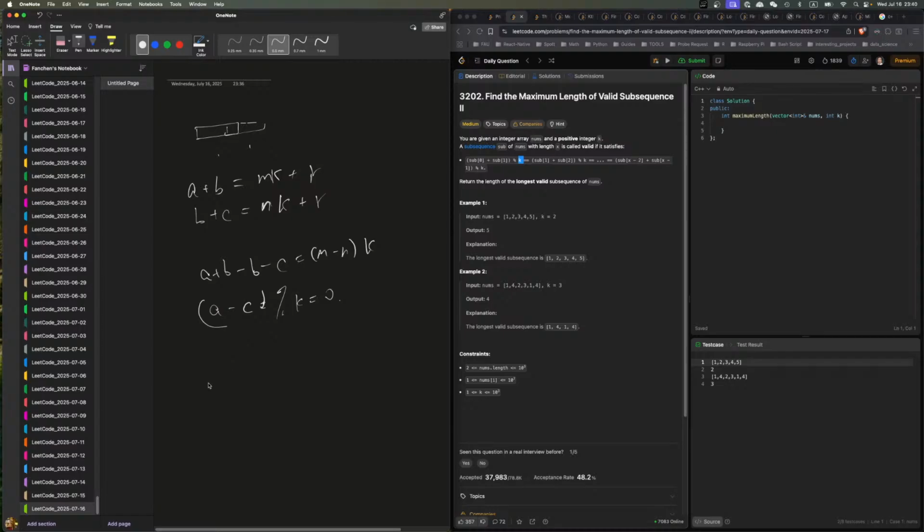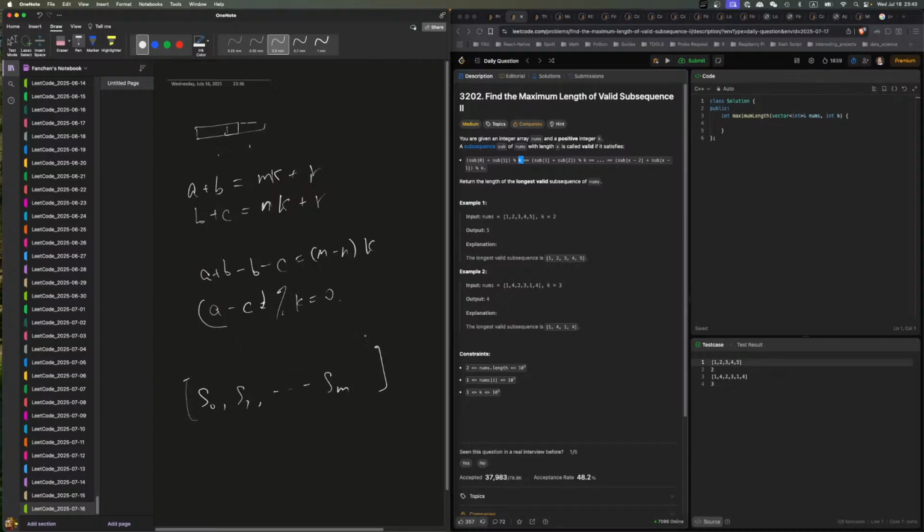So let's say we have N0, N1, N2, all the way to N. Right, and you pick some out. Actually, this is not a good way to do this. Let's call it the subsequence, S0, S1 to SM.